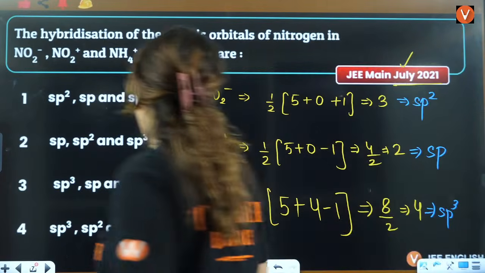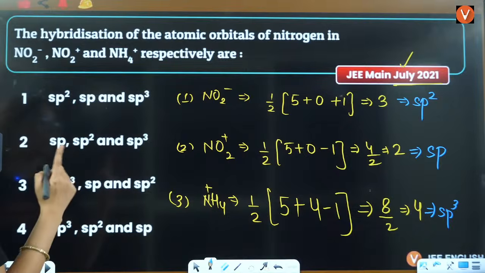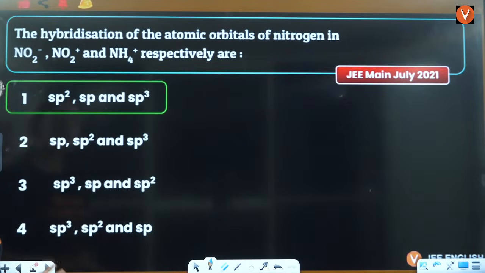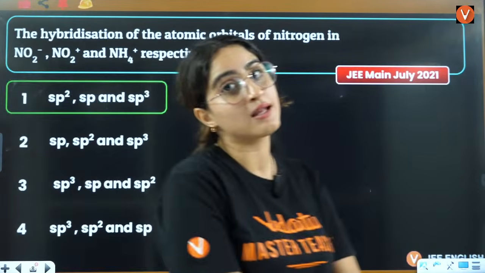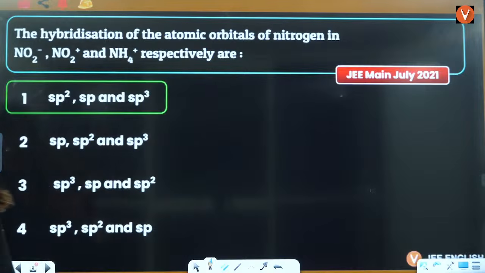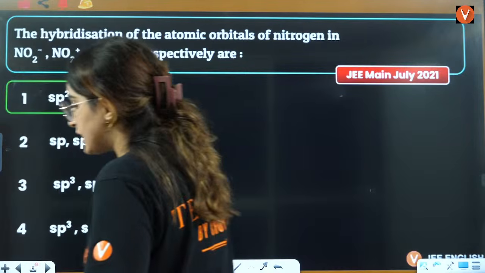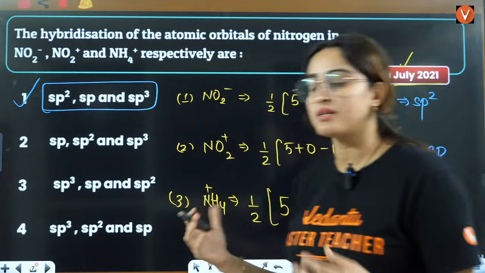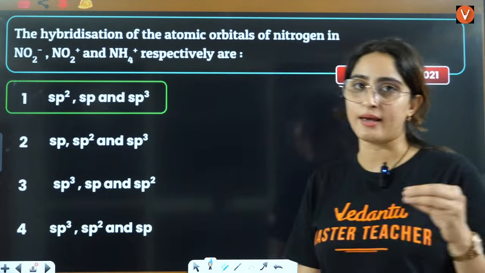That's how you can remember. And the answer will be sp2, sp, sp3. So the first is the correct answer here, and that's how you answer this particular question. Right, everybody? First is the correct answer. Absolutely right. And more of these kinds of questions they can ask you in the upcoming exam, right?